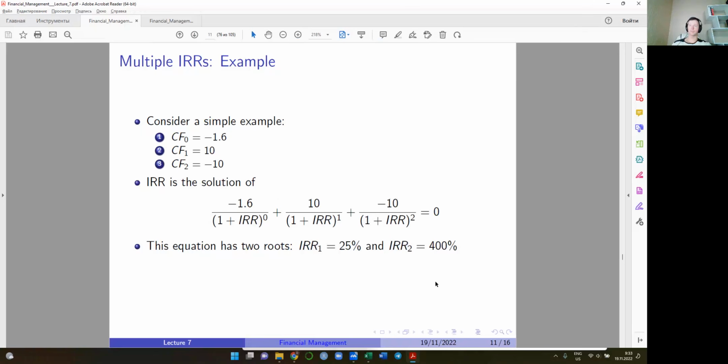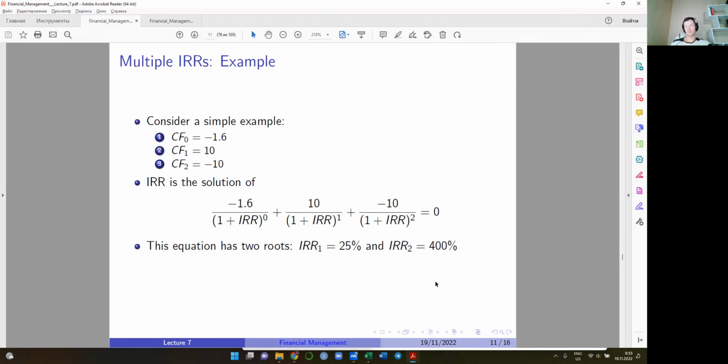Now the question is, what is the profitability of this project? We have 2 profitabilities. One profitability is 25%, another is 400%. But formally, you don't have any way to discriminate which profitability is the correct one.